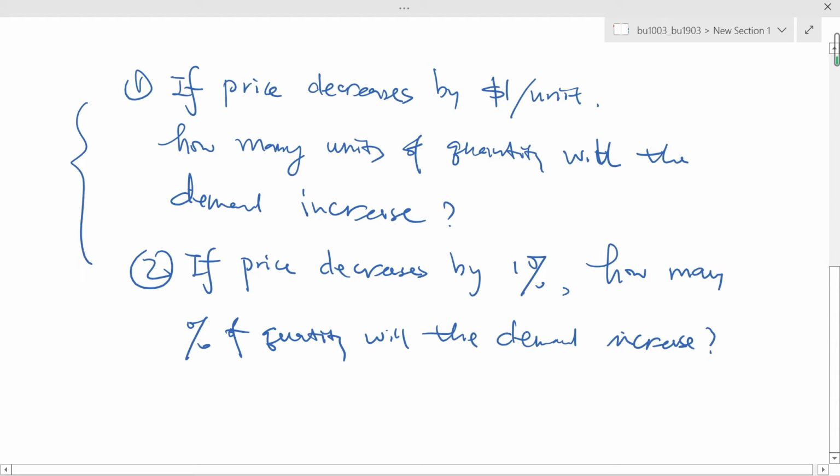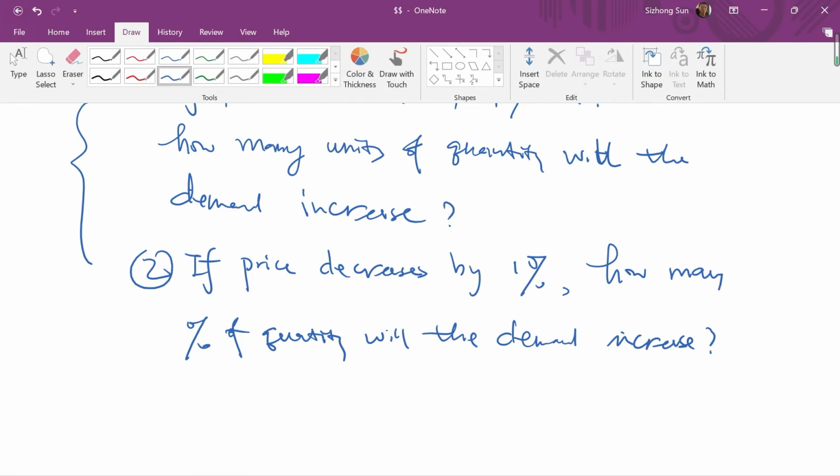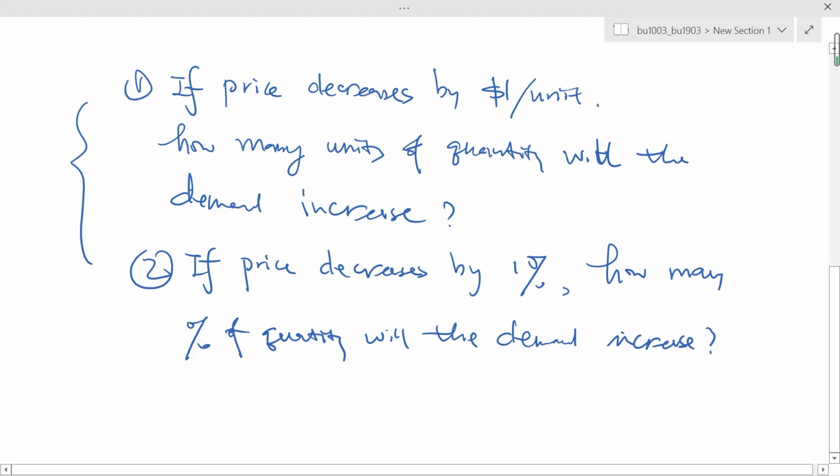Okay, let's compare these two questions. They are very similar, right? They actually both talk about how sensitive quantity is in responding to the price change. The difference is that in question 1, there's a unit in it.